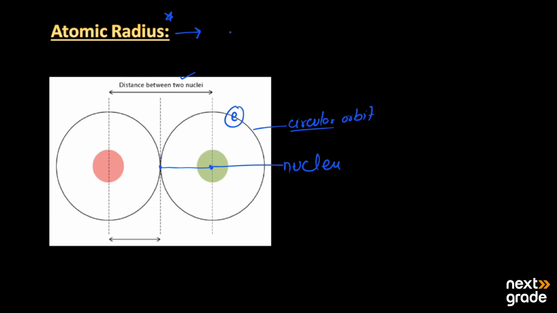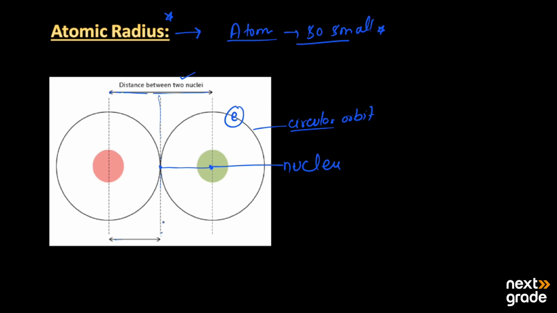On the other hand, the atom is so small that it cannot be seen. It is impossible to see atoms even with a powerful optical microscope, so we cannot measure the size of a single atom. So we take the distance between the centers of the two bonded atoms. When we measure this distance and take half of it, this is known as the atomic radius.